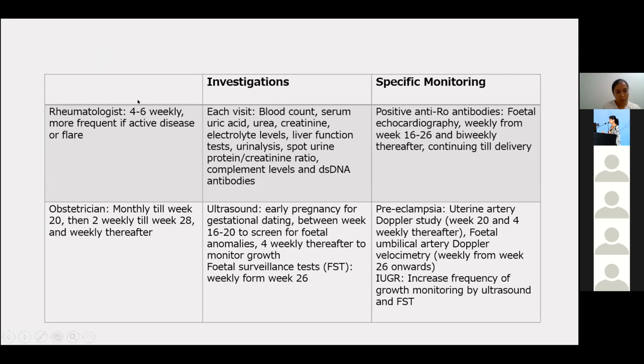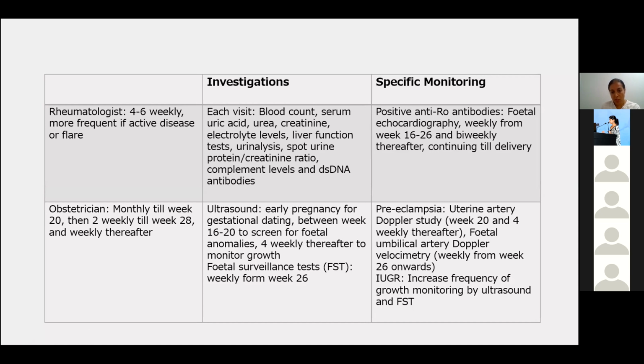So this is a rough idea of how frequently we should see these patients. The rheumatologist should see them at 4 to 6 weekly, and if there's an active disease or flare-up, then they have to be seen more frequently. In each visit, blood count. Now, serum uric acid is associated with high risk of flare-ups, especially renal flare-ups.